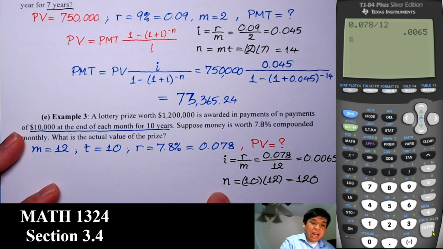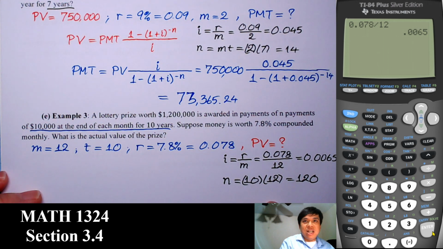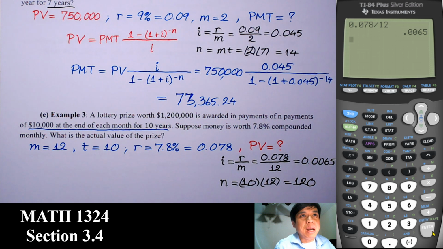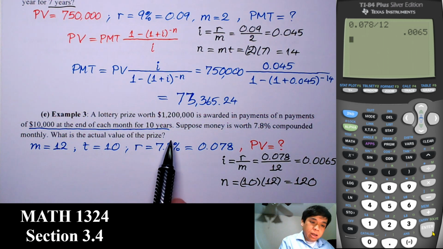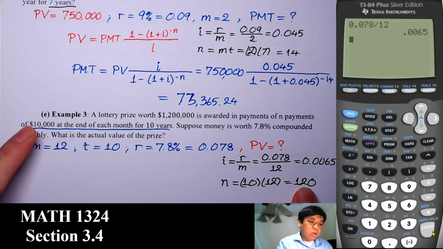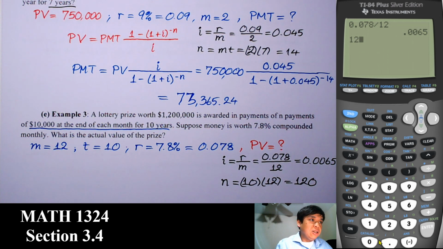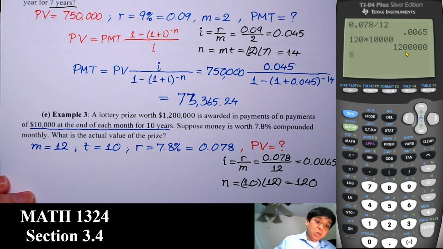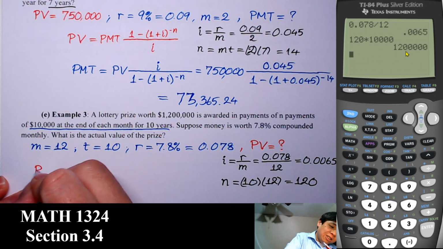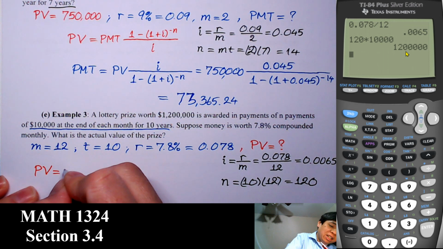I should write n equal to m times t, 12 times 10, but regardless, that's 120 payments. If you multiply 120 by 10,000, that gives us the $1.2 million as advertised. But we're actually not getting that much if we want all of the money now.